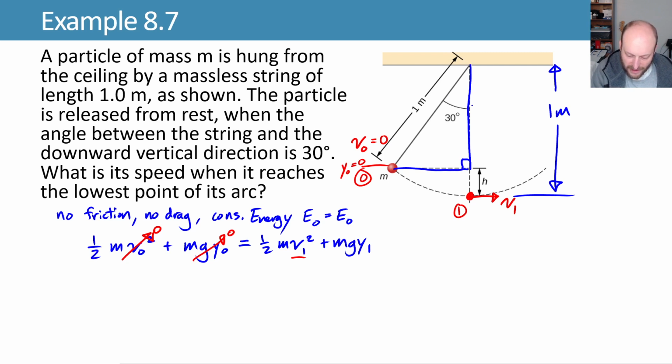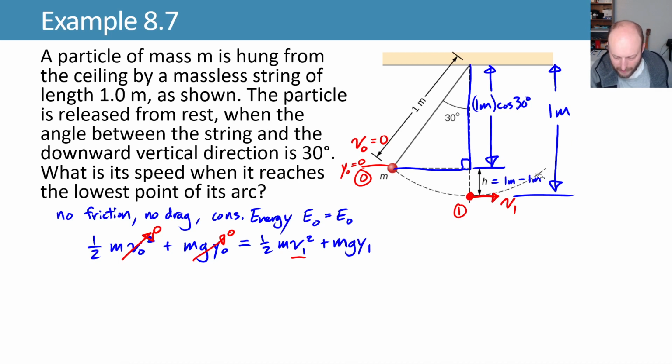We have an adjacent side here, 30 degrees, touching our adjacent side. So cosine will project that 1 meter length onto that side, or we can call this 1 meter times cosine of 30 degrees. That will give us the length down to there, which lets us say that this height here will end up being 1 meter minus that 1 meter times cosine of 30.